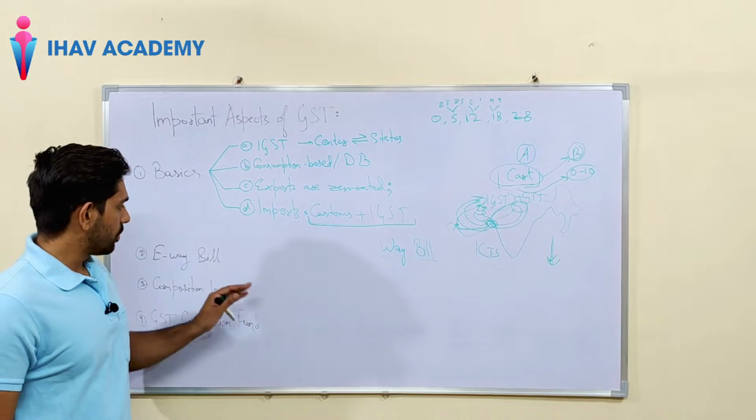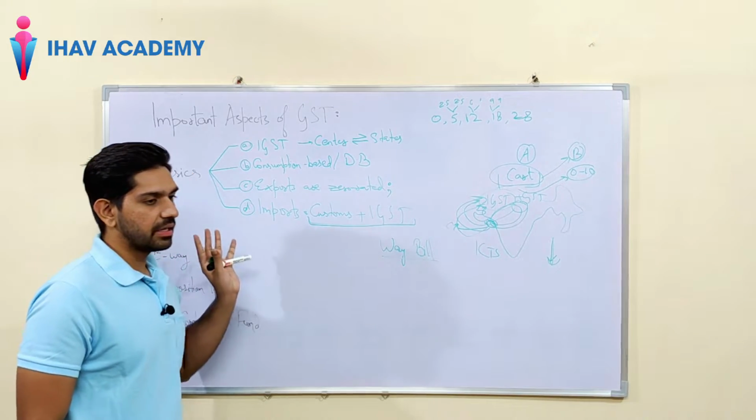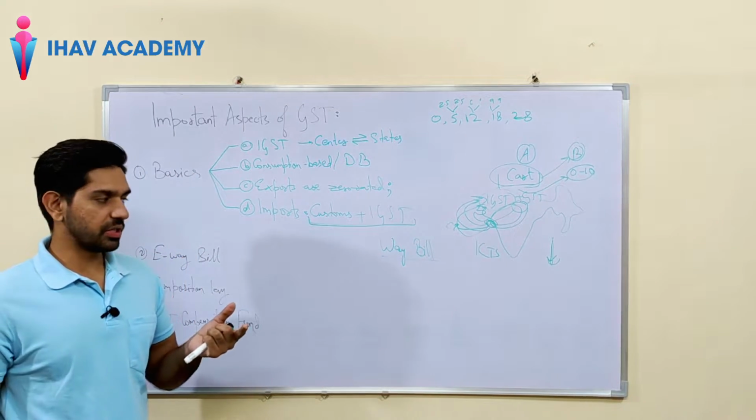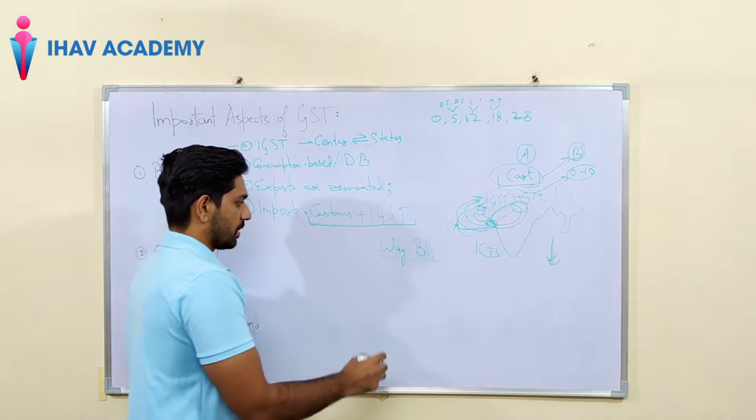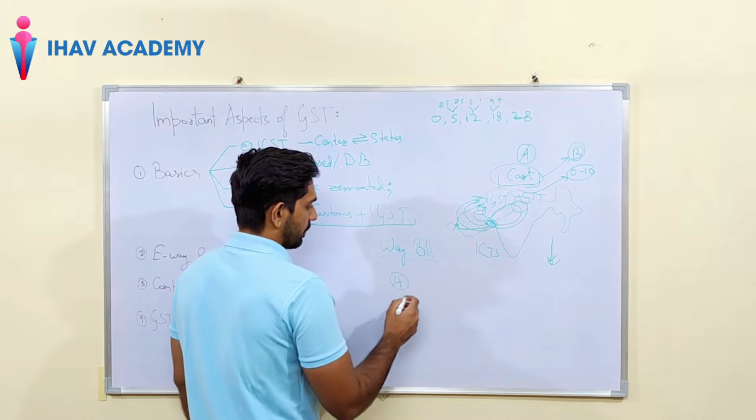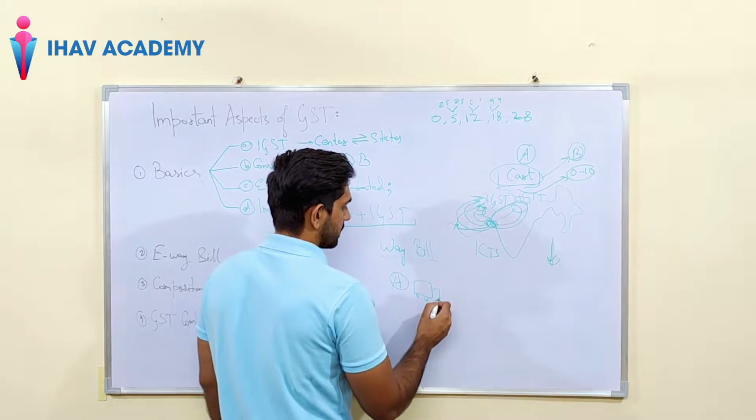ठीक है. Now apart from this study angle, थोड़ा सा अपना दिमाग लगा के सोचिए. You are government, you have to charge your tax. A state one, this is truck.